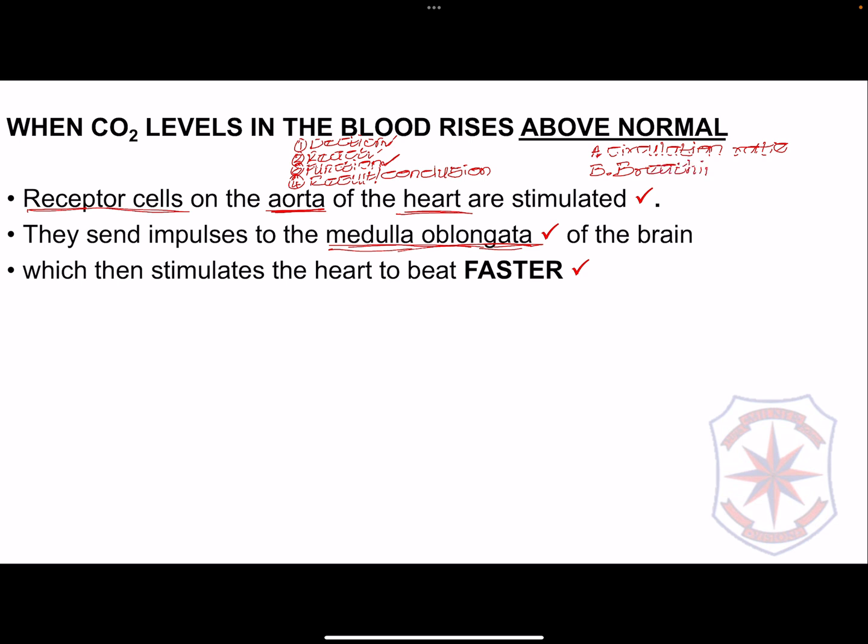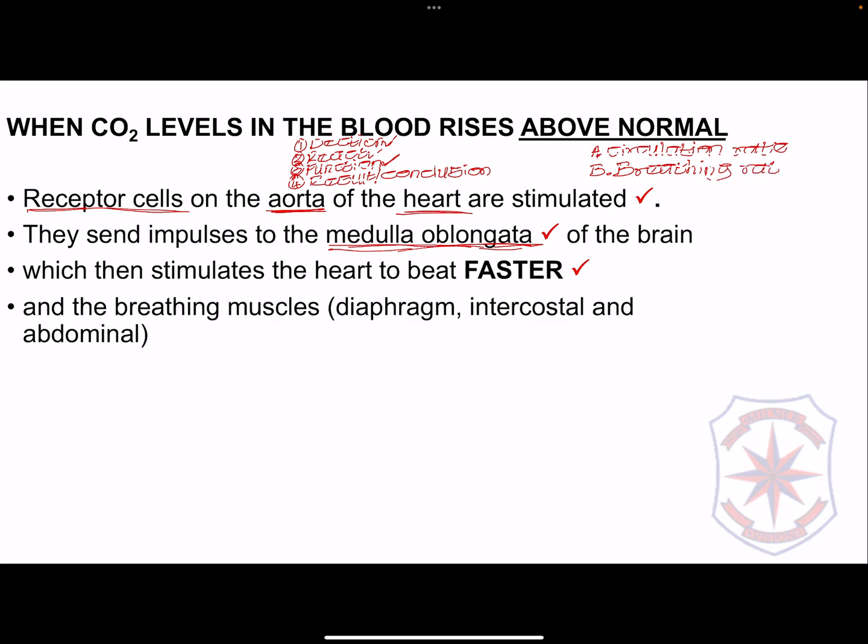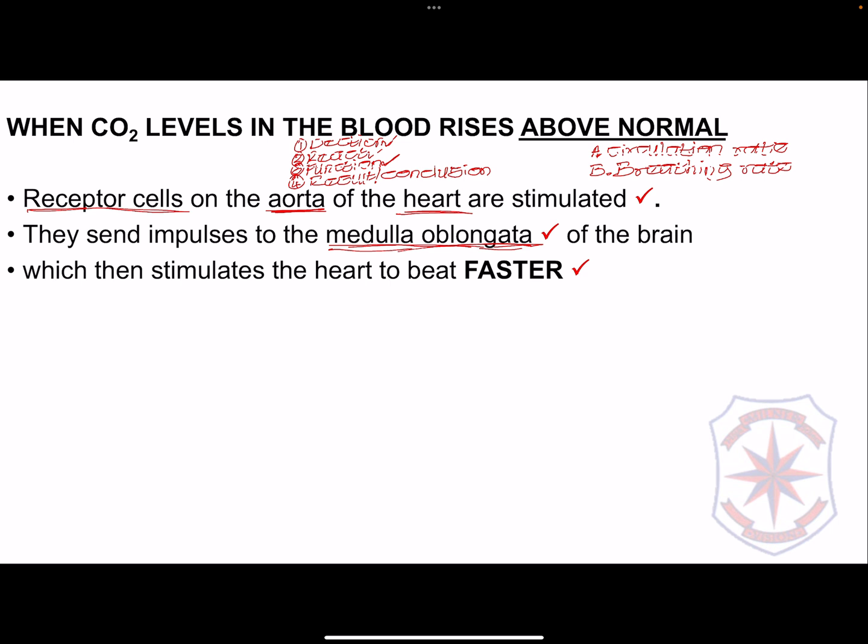So this first part explains the circulation rate.